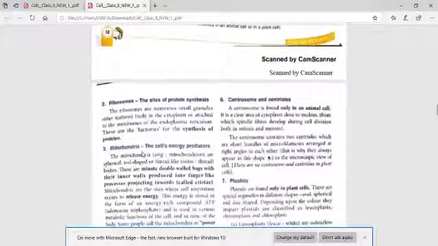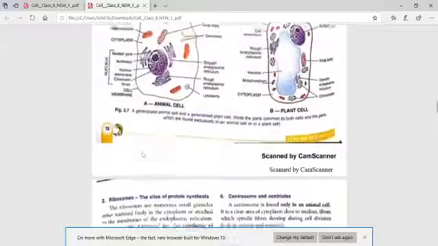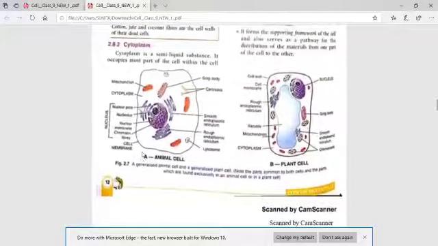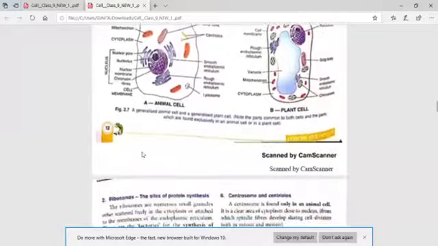Next, we come to the next structure, that is the ribosome. Ribosomes are spherical structures which are present in both plant and animal cell. Ribosome is a structure which helps in protein synthesis. It is also present in a bacterial cell.